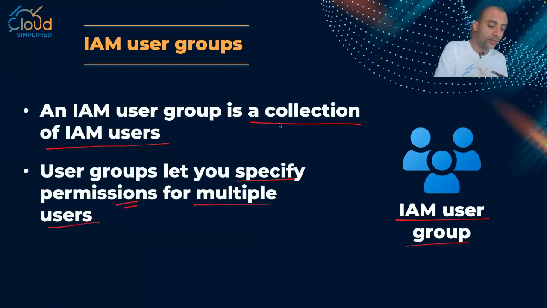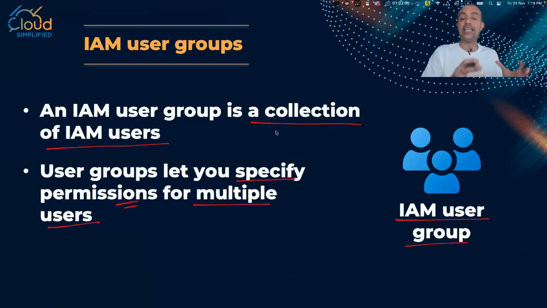So now I create the IAM user, I add the user to this group, and next I attach the policy to my IAM group. So this user now will inherit the policies that I have, so it will get what kind of permissions this user can do.